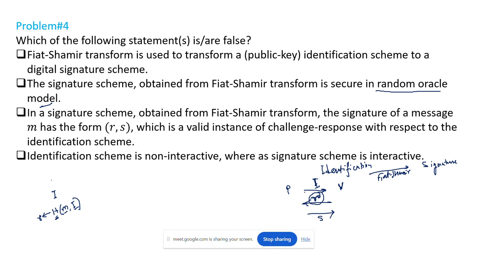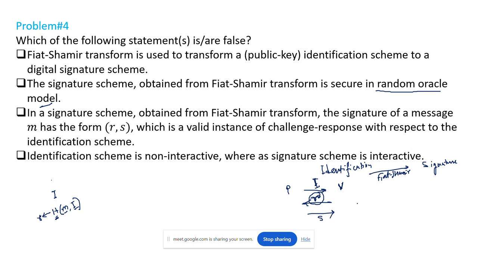So the security of the identification protocol relies on the fact that the verifier's challenge is completely uniform over the challenge space. If the prover is able to come up with a correct response to that random challenge chosen by the verifier, then the verifier is convinced that the prover truly has the secret information.